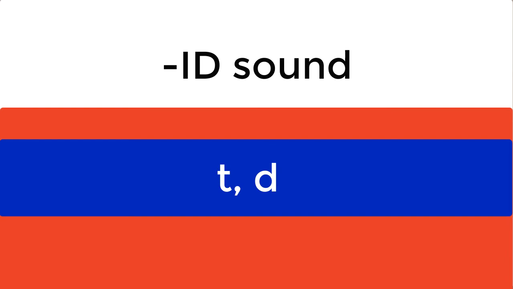Id. Verbs that end in T or D use the id sound. I will now give you some examples. Afford, past tense, afforded, permitirse.